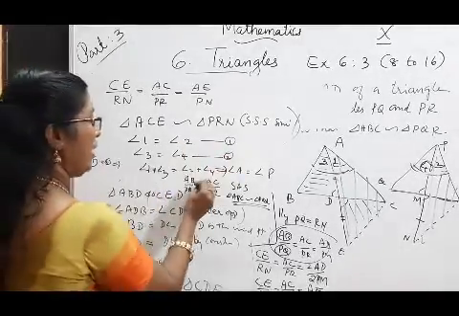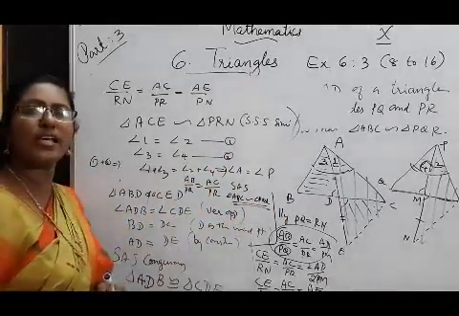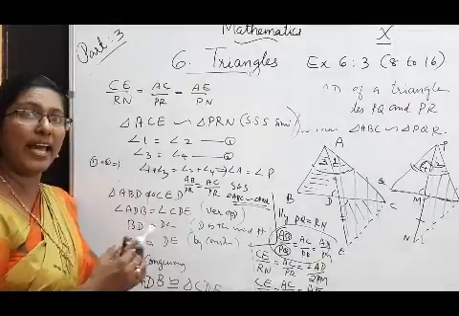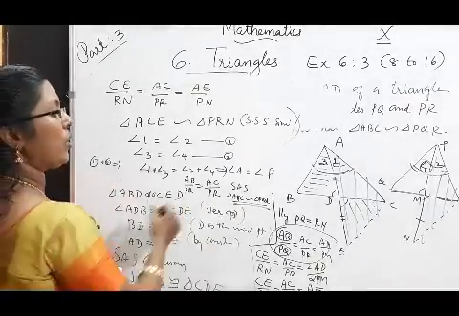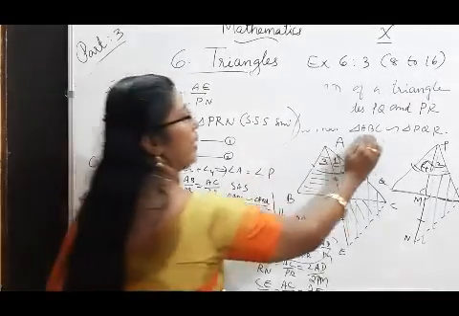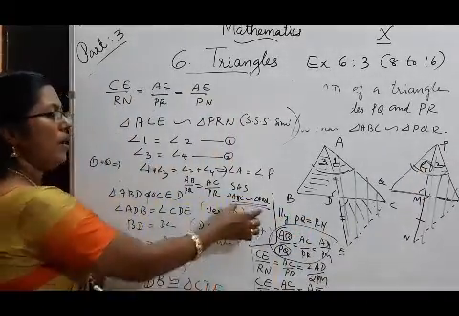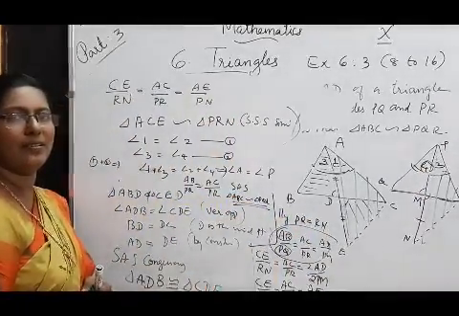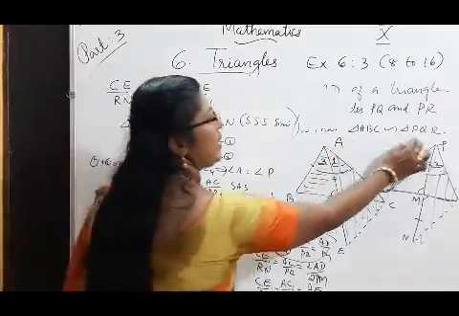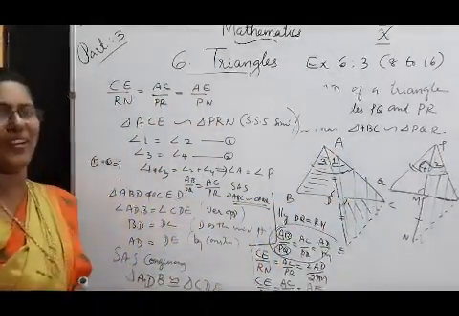Okay, if the angles are equal and the corresponding sides are proportional, by SAS we can say triangle ABC is similar to triangle PQR. Okay, triangle ABC is similar to triangle PQR.